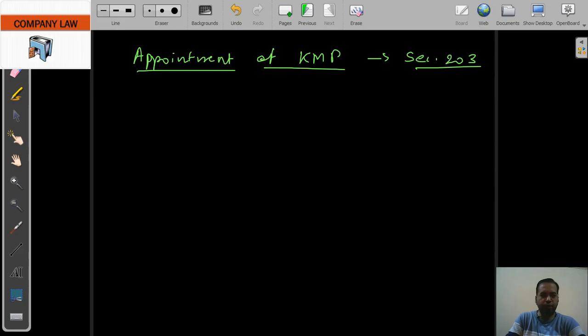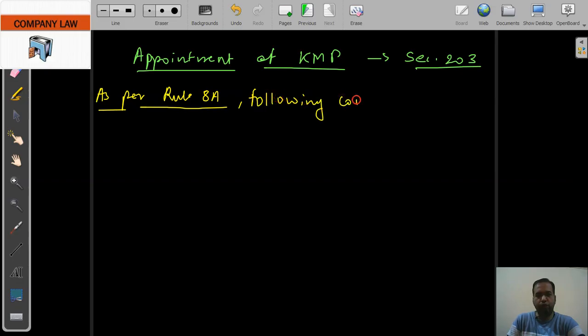As per rule 8A, the following companies shall have whole time KMP. Now who is KMP? We already studied. So which companies should have?